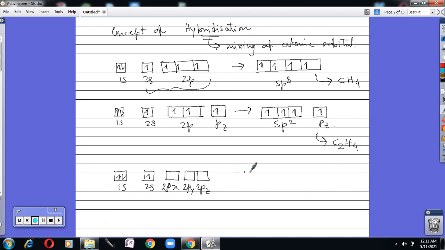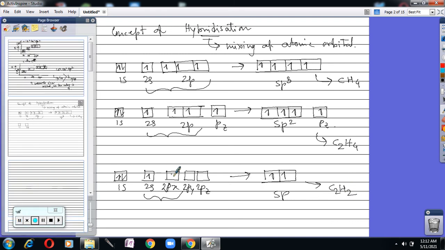So here is a possibility of one 2s with one 2p, that is px, sorry, sp. So this hybridization is known as sp hybridization, which we will try to explain in a C2H2 molecule.